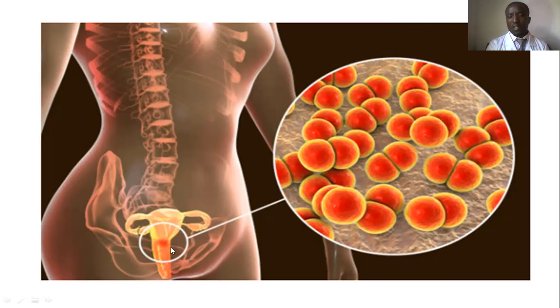So you can see this is a lens, helping us to magnify the bacteria. The bacteria represented here are the diplococci, the gonococcus, Neisseria gonorrhoeae. Much as this is just a representation, it doesn't mean that it's only Neisseria gonorrhoeae which causes PID.